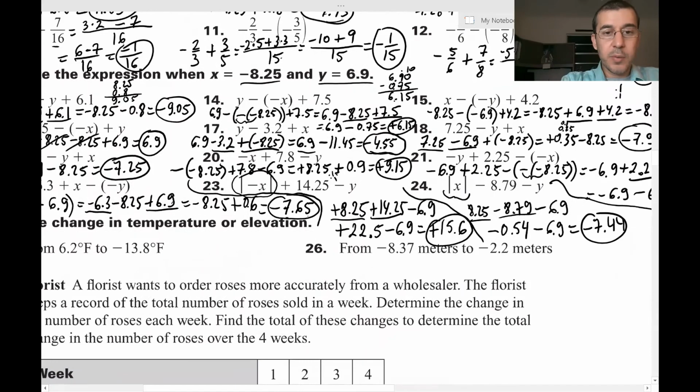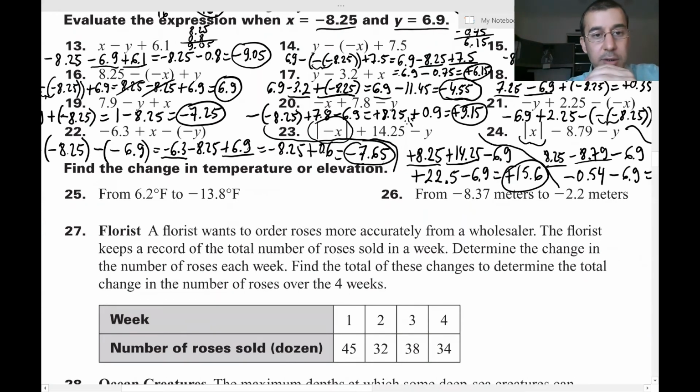Next, 25 and 26, we have to find the change in temperature or elevations. So temperature for number 25, because that's the degrees in Fahrenheit, and then elevation, that's 26, because we have meters. So what's the change? From 6.2 Fahrenheit to minus 13.8 Fahrenheit.